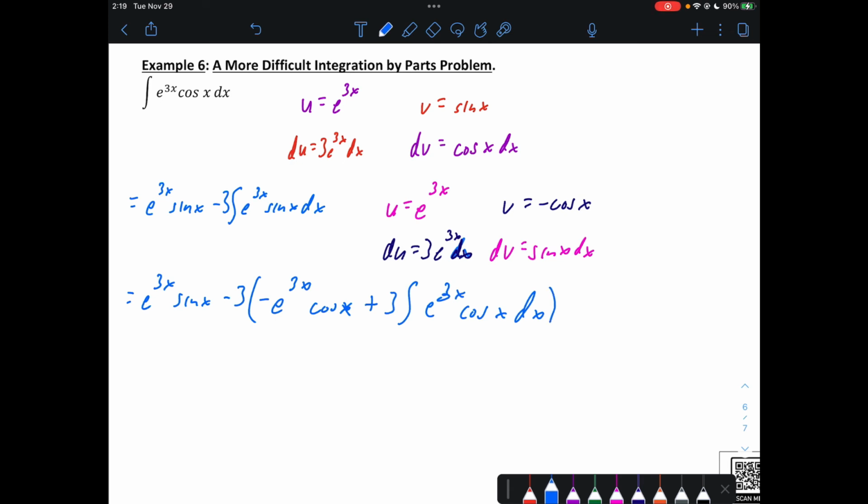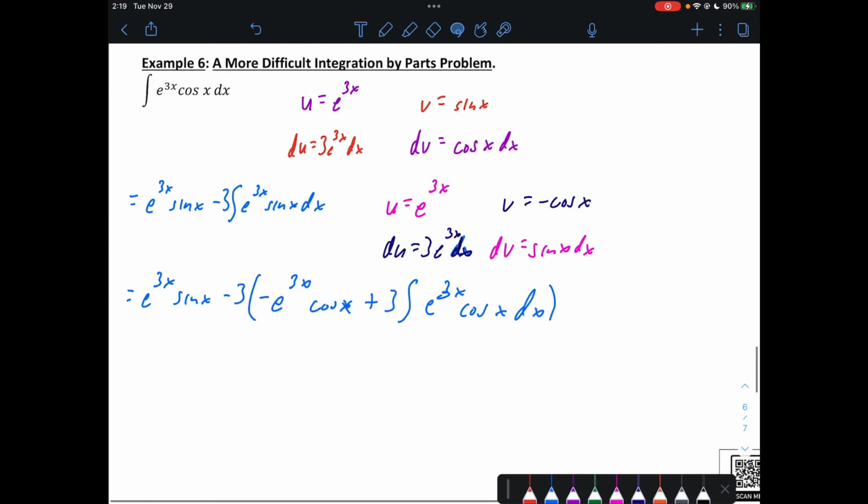And we're still not getting anywhere, but we can see, let's distribute here first. So e to the 3x sine x, distribute this negative 3 to both of those.